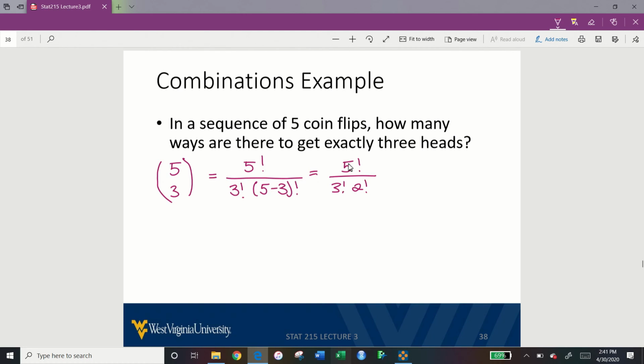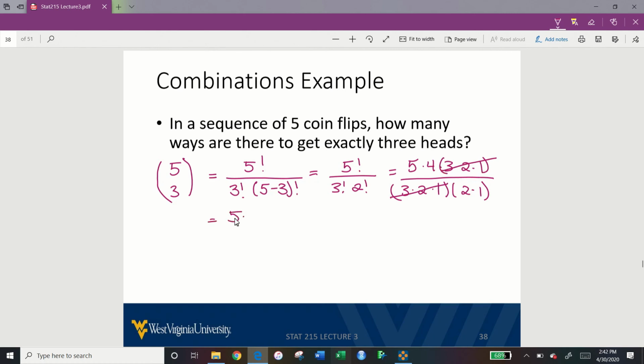At this point we can simplify or expand. So in our numerator, 5 times 4 times 3 times 2 times 1. The denominator, 3 times 2 times 1, and 2 times 1. As always, I do like to cross things out just to make it simpler.